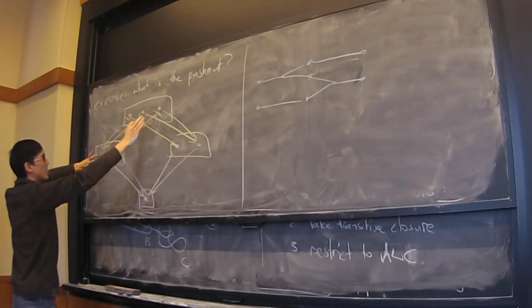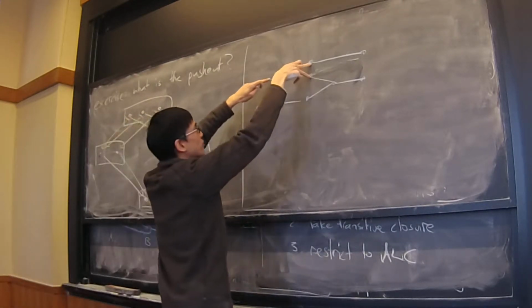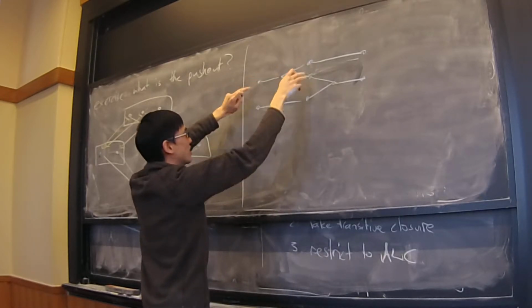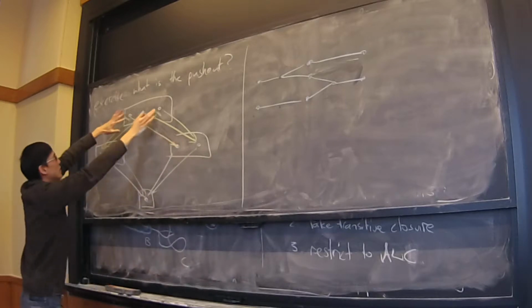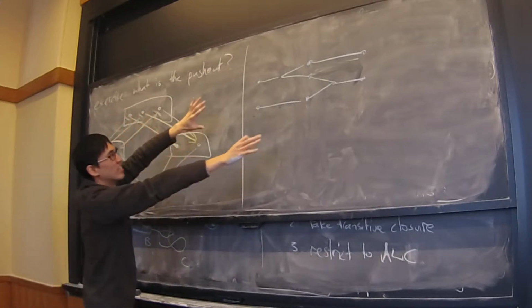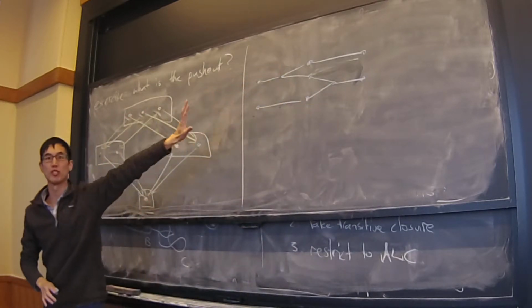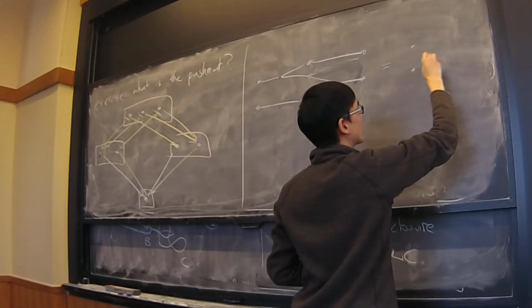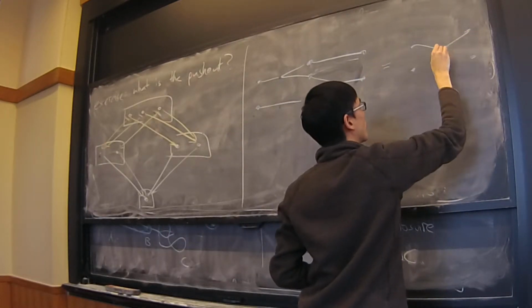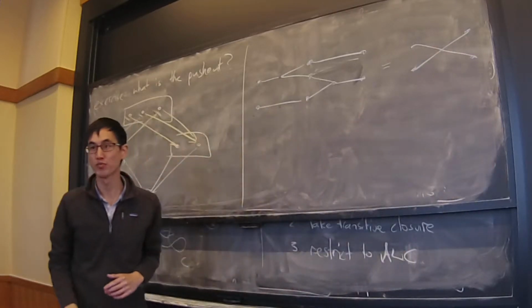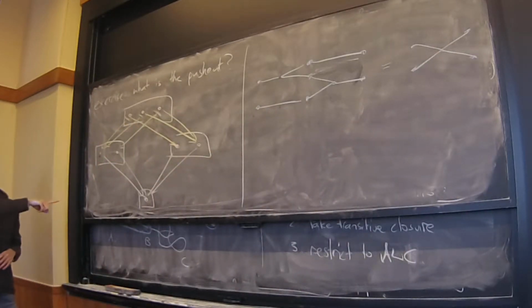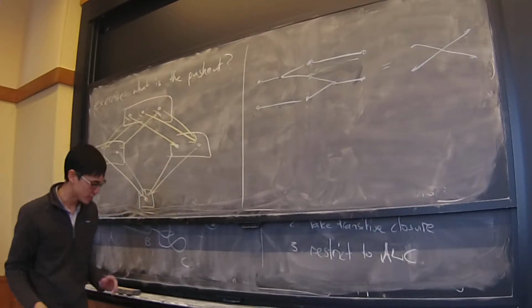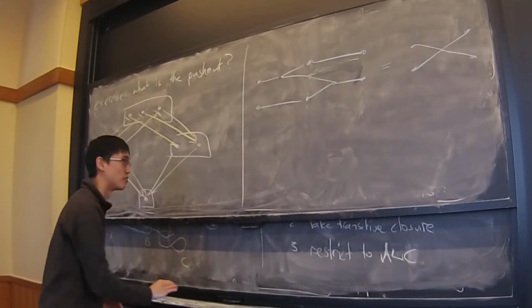I'm drawing the left-hand side as this wiring that says these two are connected to this point, and this one's connected to this one. The right-hand side is the other thing, and the question is, what happens when you compose these two wirings? Well, everything is connected, so we can redraw it as this wiring. And in fact, the pushout characterizes precisely that fact for us. And in general, that's essentially true.